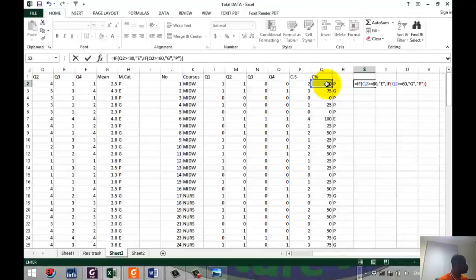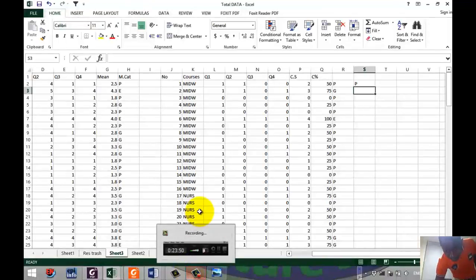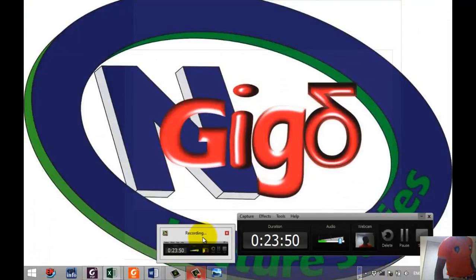I entreat all of you to press enter and see what will happen before I press mine. There we go. Did you get the same results as the others? The same. Now I want to do the extra magic.